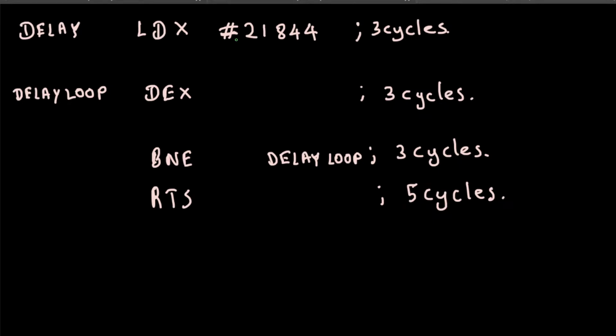Okay, so we load X with this value, and then we decrement X, and it's going to reach 0 and then exit the loop, and it goes here.